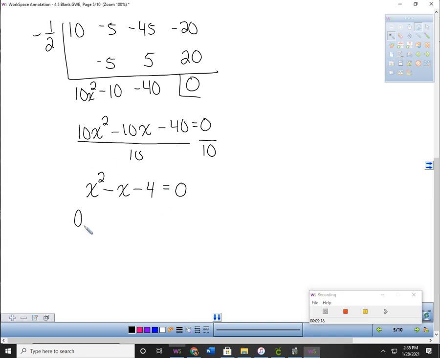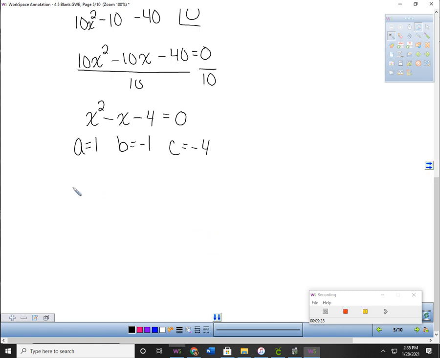So my a value is 1, my b is negative 1, and my c is negative 4. So x is equal to the opposite of b, which is positive 1, plus or minus the square root of b squared. And remember, it's really important to put parentheses around your b.